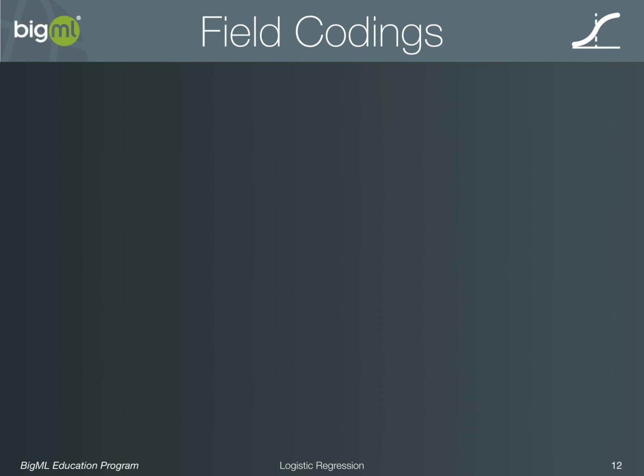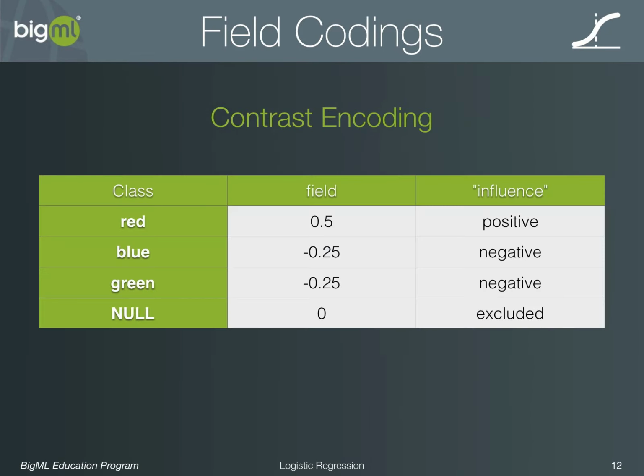Now, a third possibility is something called contrast encoding. The idea here is to replace the categorical value with a single numeric value that takes real valued numbers that indicate the relative importance of each class. For example, we could assign the value of 0.5 to red and minus 0.25 to both blue and green, and 0 to missing values.